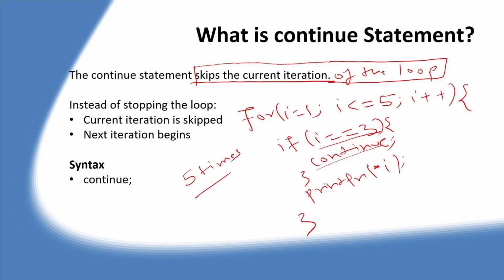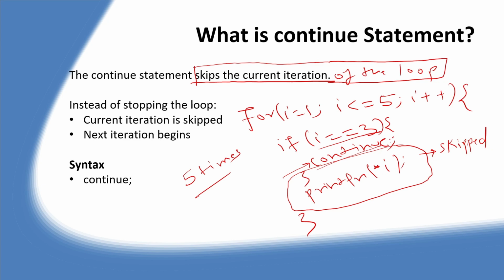So on the third iteration, it will skip whatever lines of code are present after this line. Skipped means these lines will not get executed.